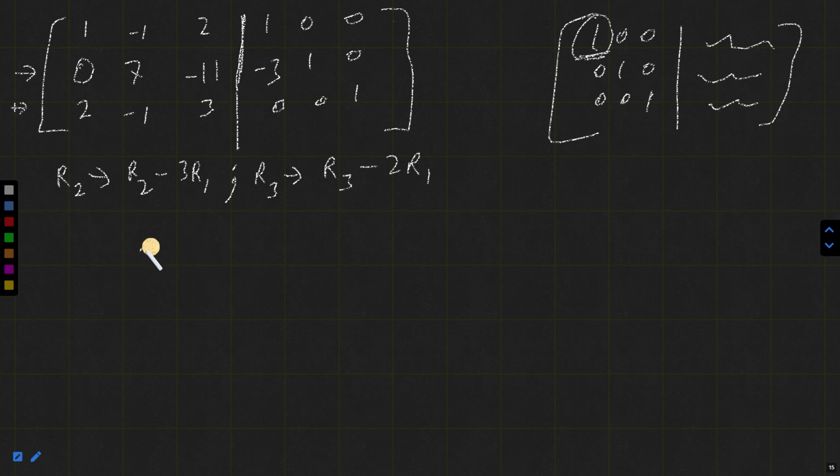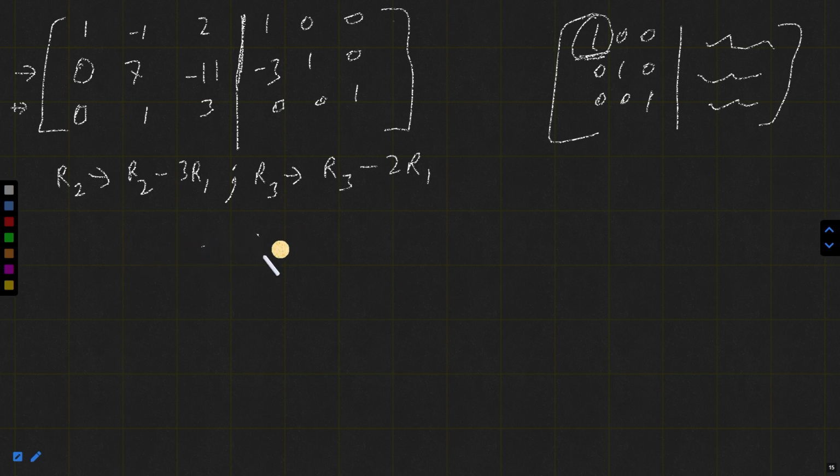This will be 1 minus 3 times 0, just 1, and 0, 0. Now for this, 2 minus 2, 0, minus 1 minus of minus 2, you will have 1.